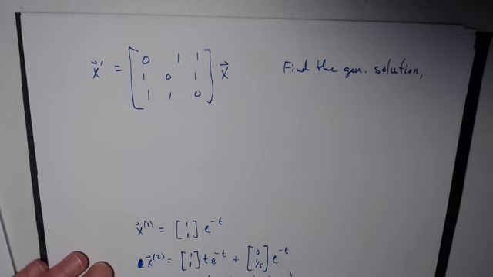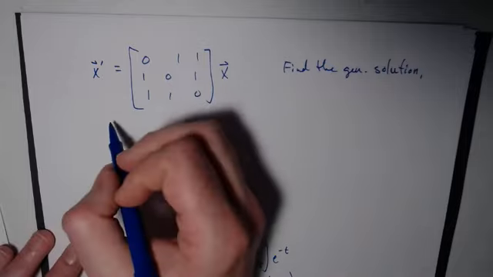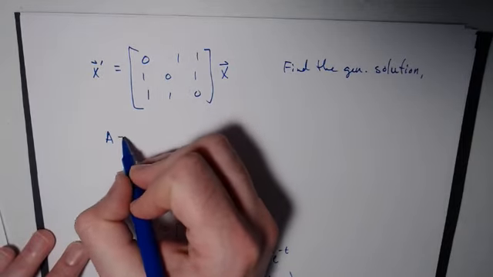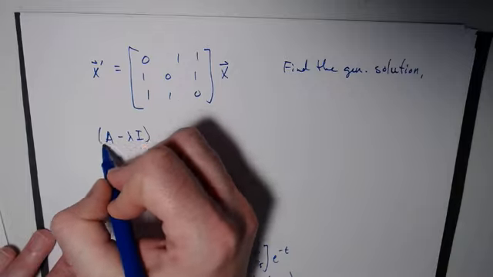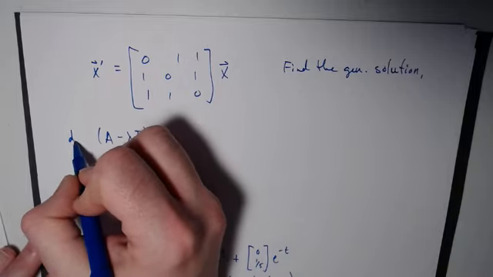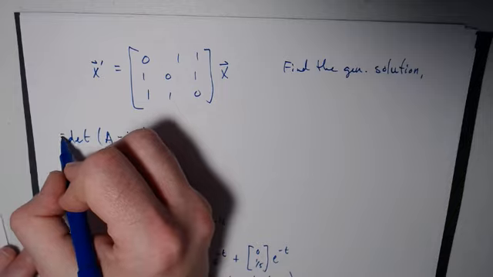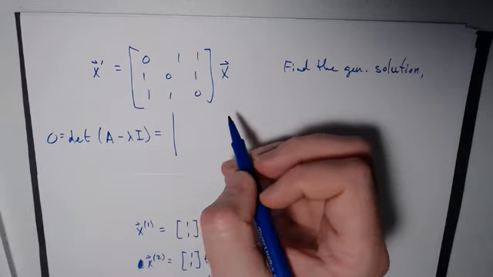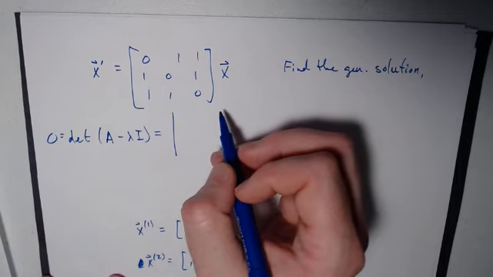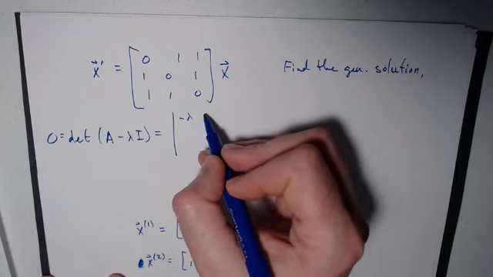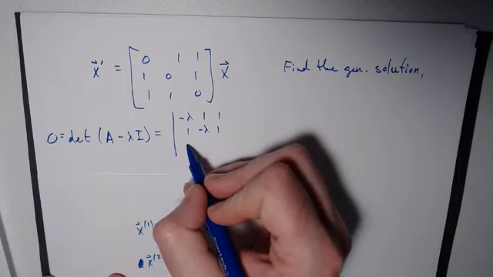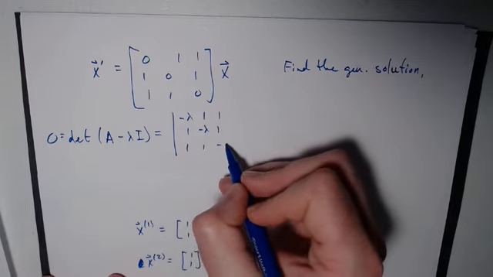So the first thing we do is we take A, that's this matrix, minus lambda I, and we take the determinant of that and set it equal to 0. So the determinant of that is going to be the matrix (negative lambda, 1, 1; 1, negative lambda, 1; 1, 1, negative lambda).